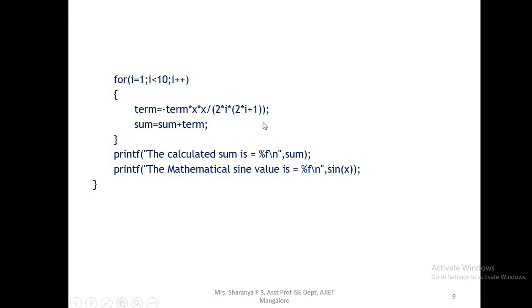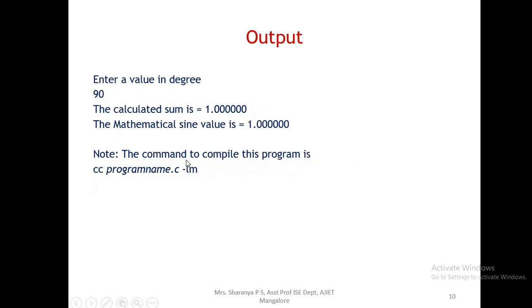After completion of finding the sum for the given number, it will print the calculated sum, and the mathematical sine value will also be printed. These two values need to be matched, the sum and sine of x, with the final result. Then we can mention that the program we have implemented is correct.